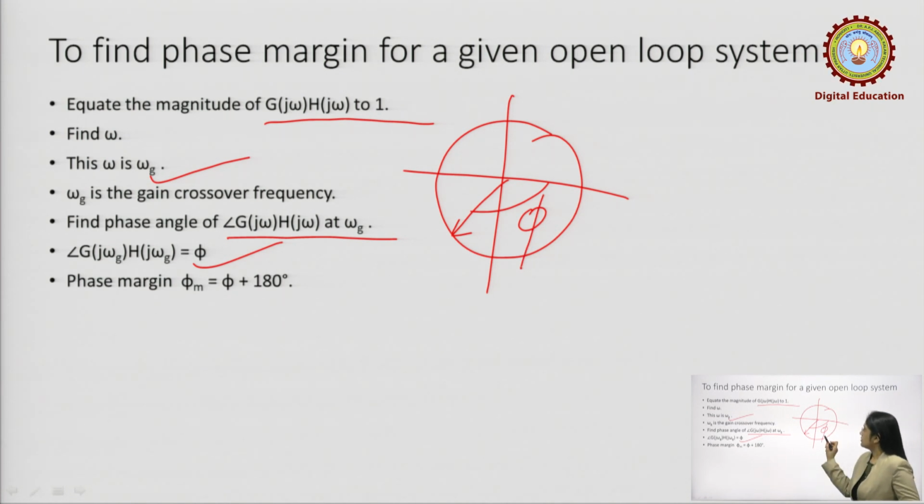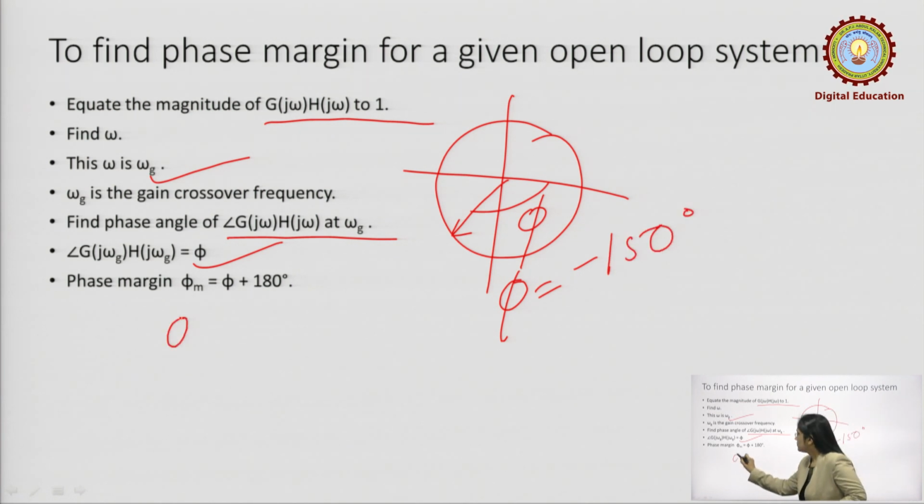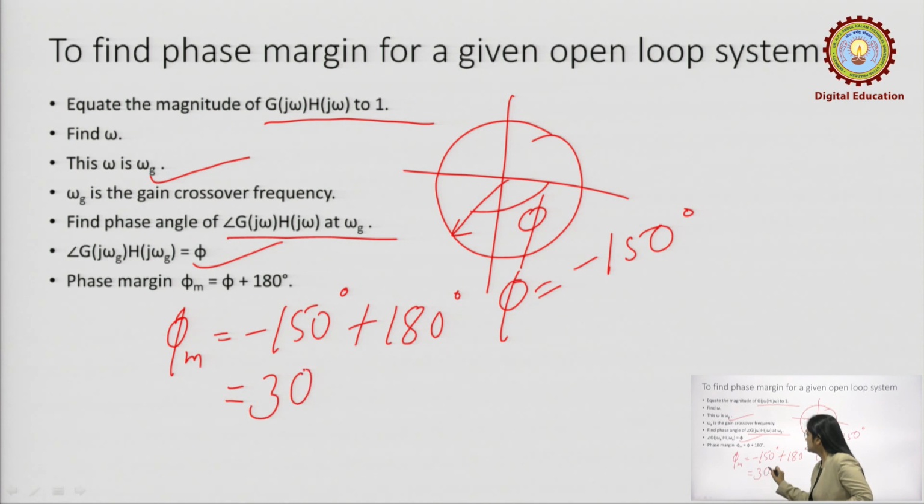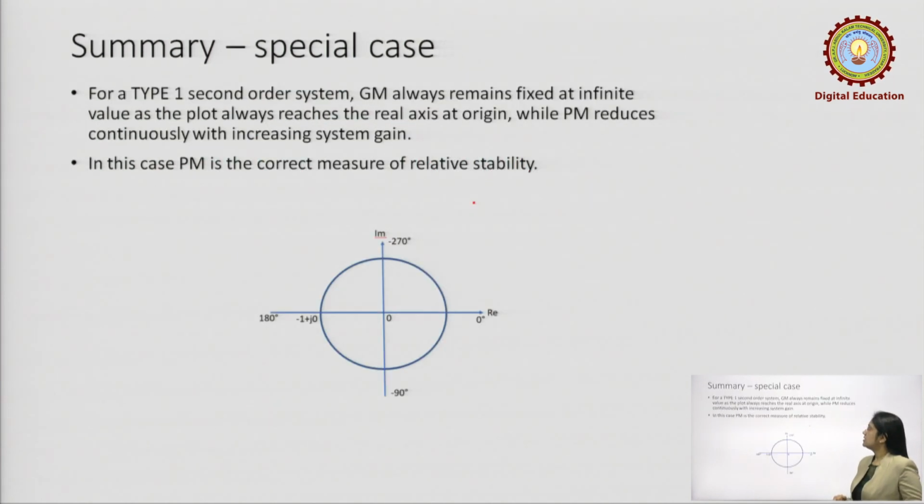And as I already explained, if for example φ here is -150 degrees, then φm will be -150 degrees plus 180 degrees, which is 30 degrees. That is a positive value which is measured from the negative real axis. It is positively measured. This is just an exception.